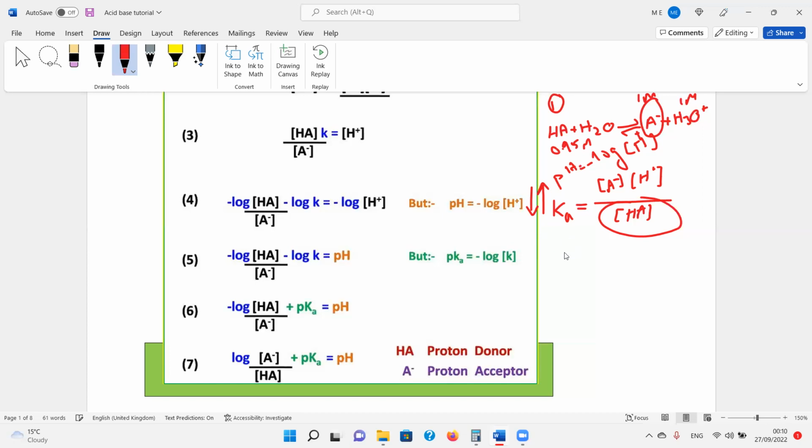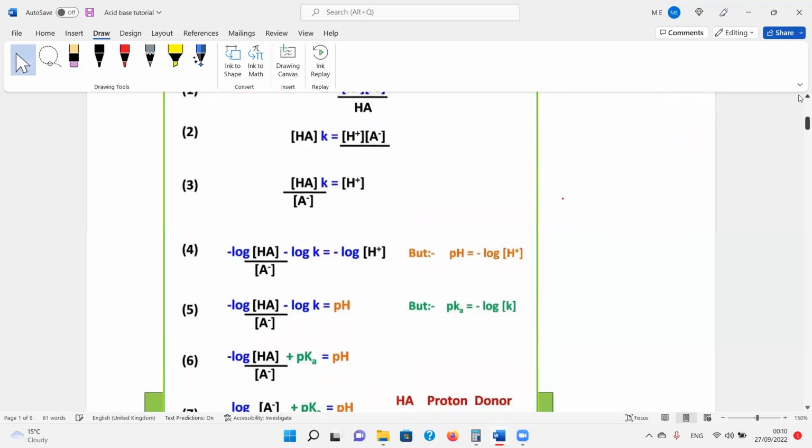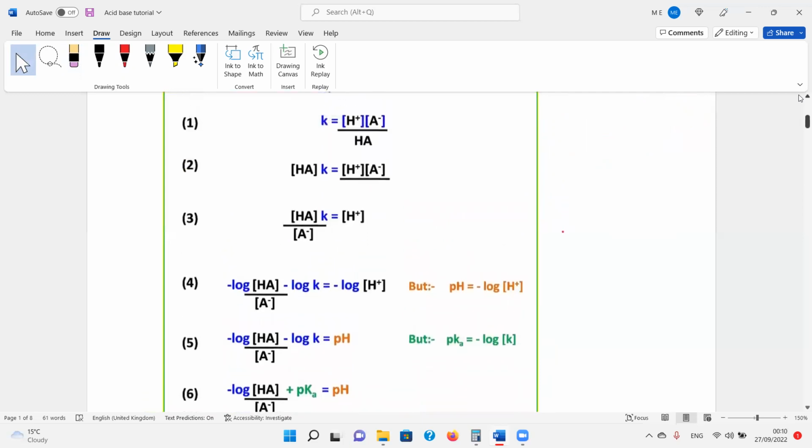So looking at these equations here, you don't need to learn how the equations are derived, but it's just for your knowledge.